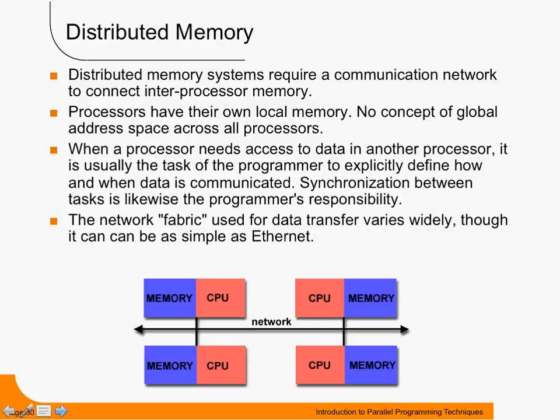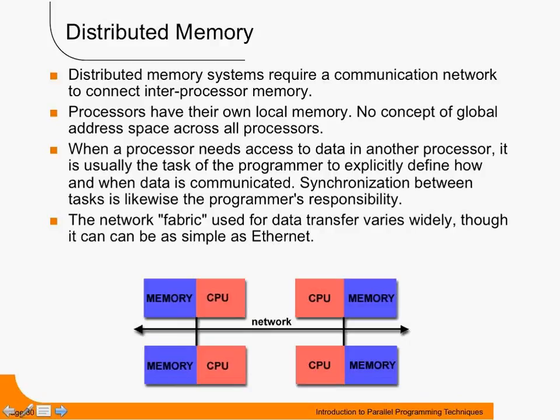So as you see, if you are running the program here, and you have some array, it is stored here, so those processes or tasks are running on this CPU. To access this memory, you have to use some message passing library.